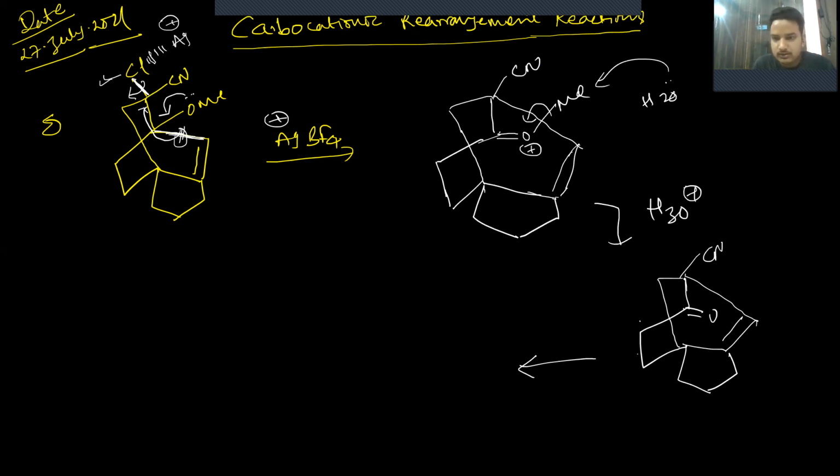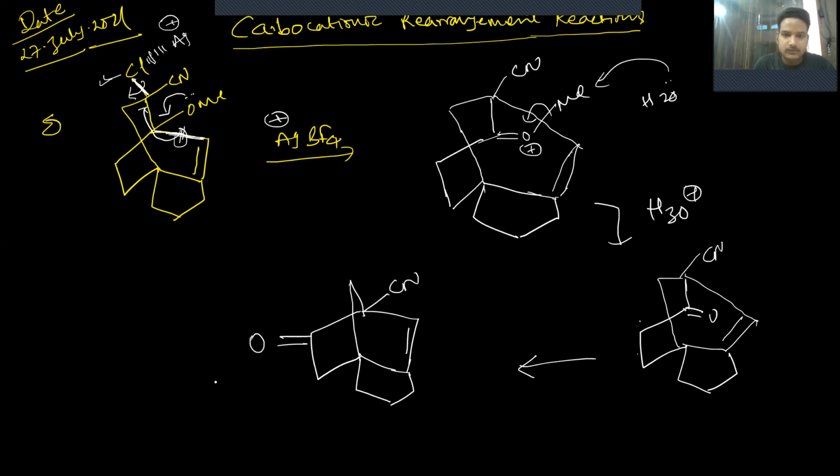So 1 2 3 4, and this is also like this. So this carbonyl will come here, and this is the CN atom which is presently on this side.